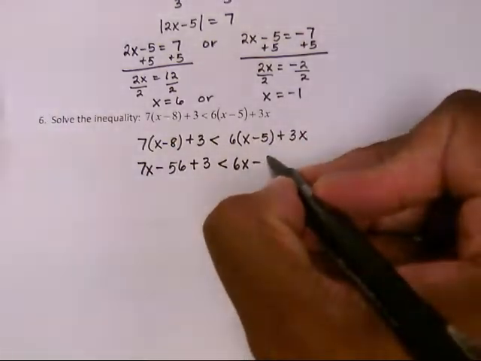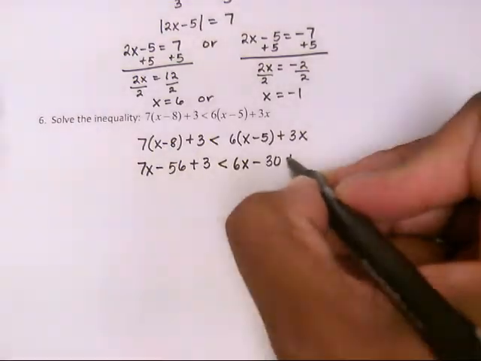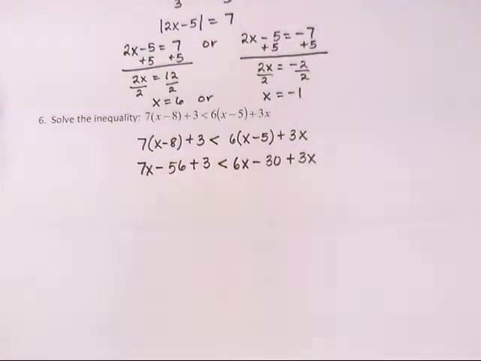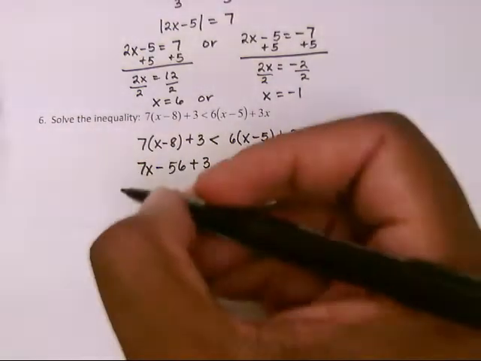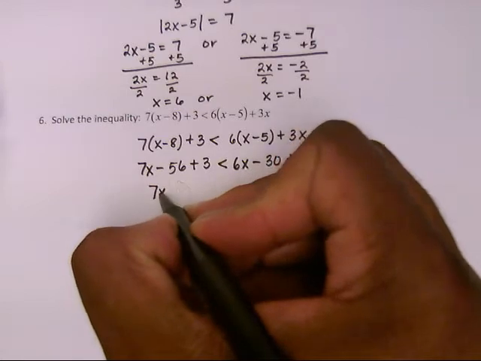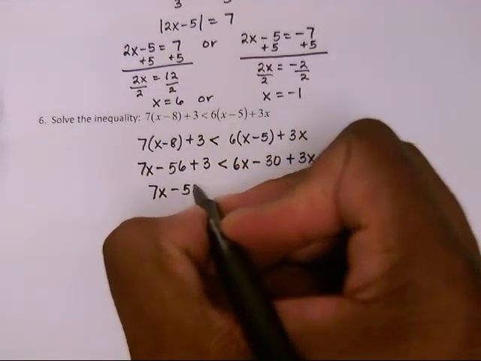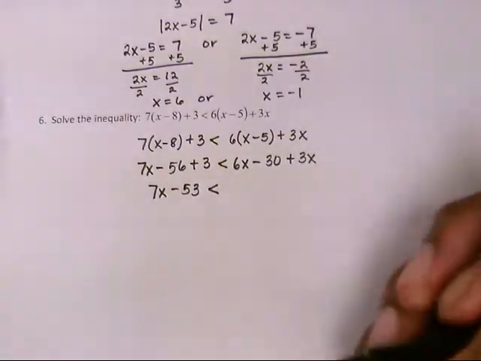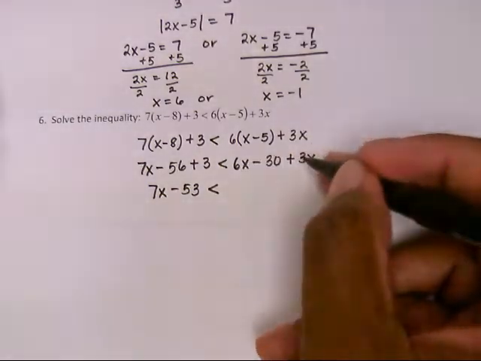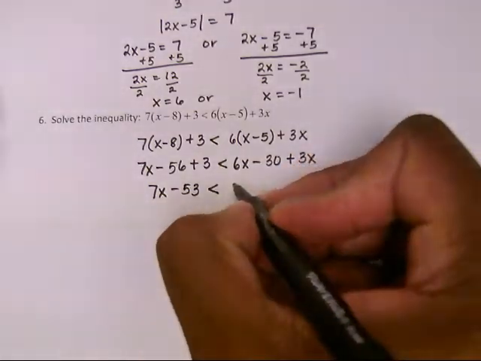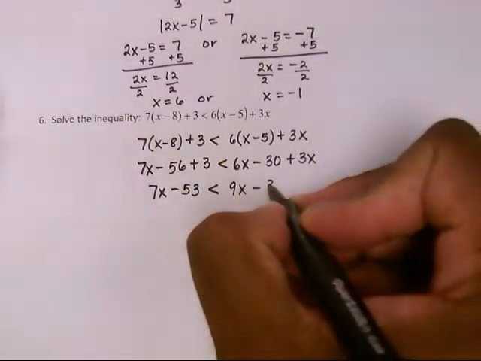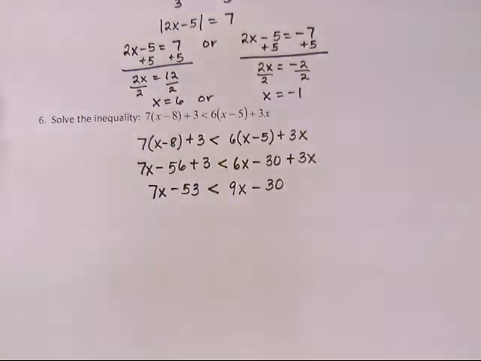Minus 6 times 5, which is 30, plus 3x. And then we'll go ahead and combine like terms on each side. I'm going to bring down the 7x and do negative 56 plus 3. That will be a negative 53. Then that's less than 6x plus 3x is 9x. Then minus 30.